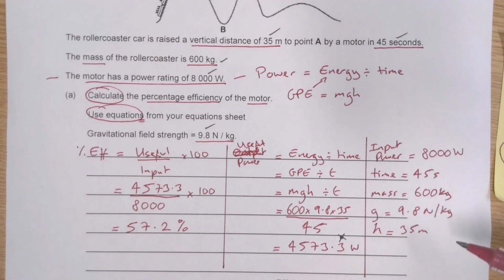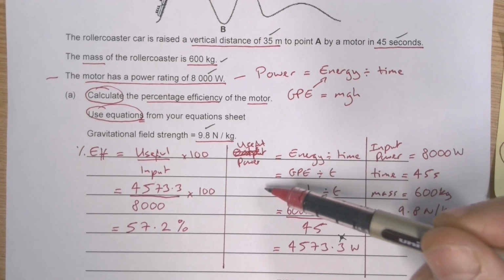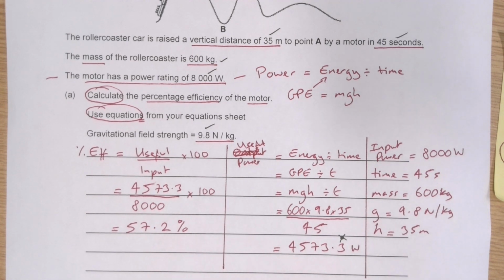The reason I do that is to make sure that I get the substitution marks in case I made a mistake. In terms of clarity, this is a really clear way. I might possibly have had another equation saying GPE equals, starting at a different line. That's fine. Keeping it in columns makes it easy to read, I think. Okay, hope that's useful.